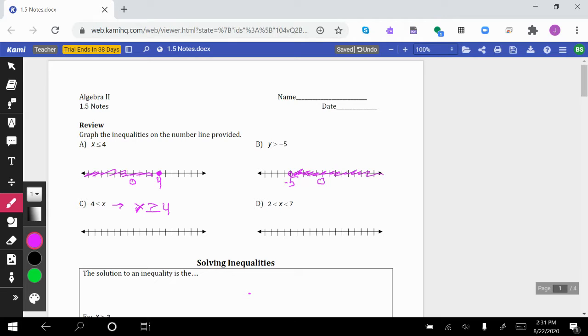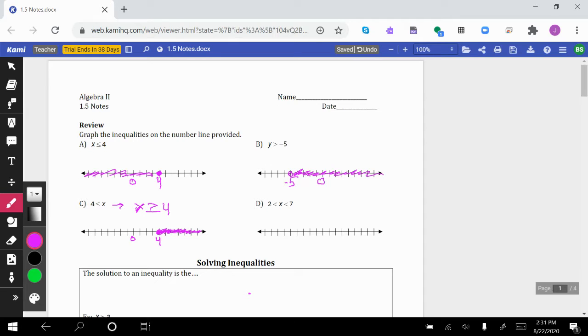Otherwise, we can get pretty easily tripped up. So I'm going to plot my 0, then 1, 2, 3, 4. I'm going to shade in my circle because it's greater than or equal to. And then we're going to shade to the right because we're shading values that are greater than or equal to 4.